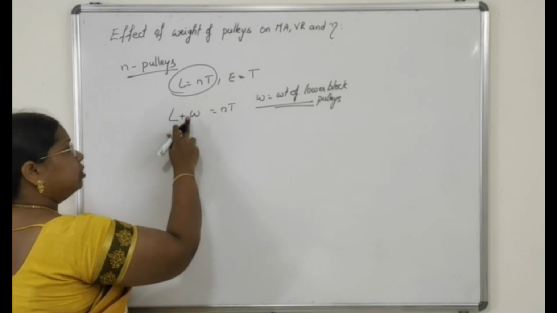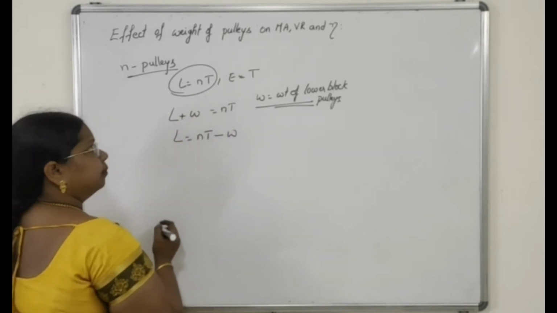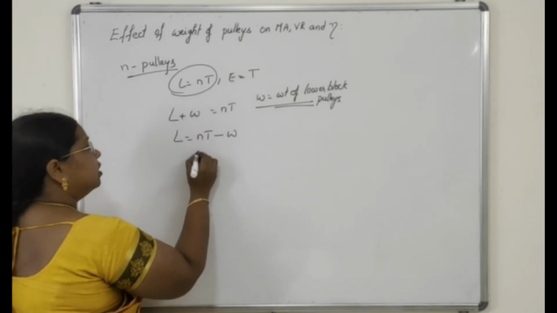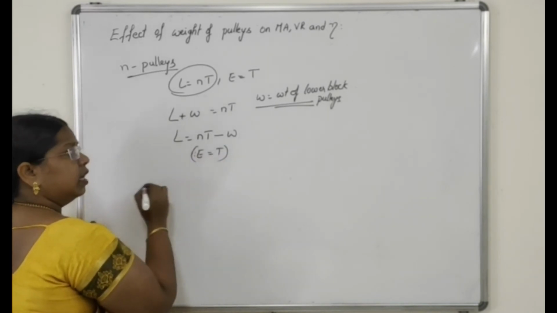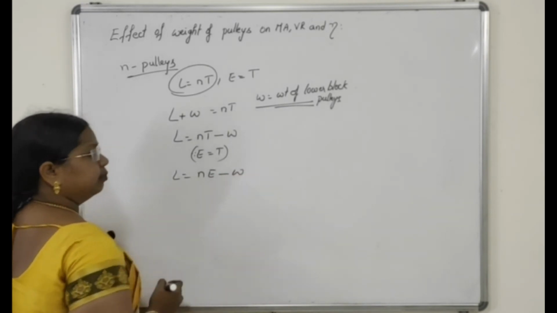So your L is equal to nT minus W. Instead of T we can write E, because E is equal to T. Since E is equal to T, L is equal to nE minus W.